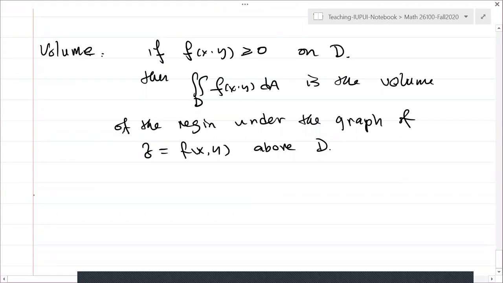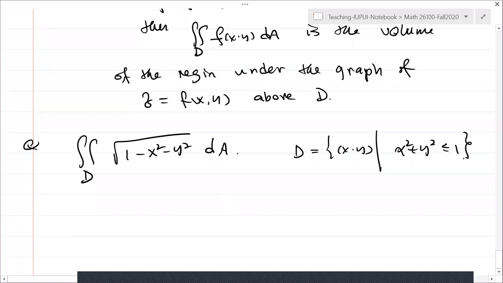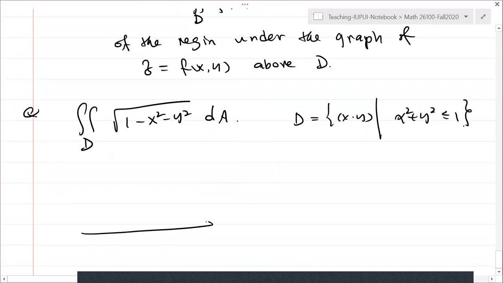For example, if I ask you to evaluate the double integral of 1 minus x squared minus y squared dA, where D is this circle, it's very hard to evaluate right now without any other methods. It's complicated if we use iterated integrals.